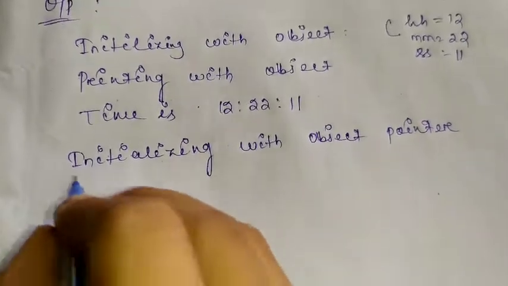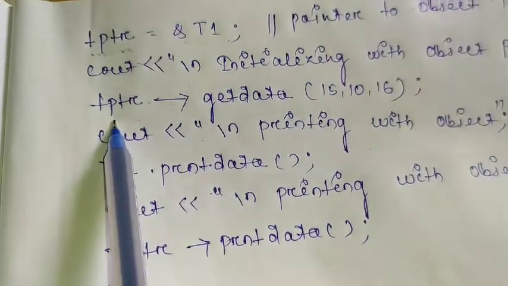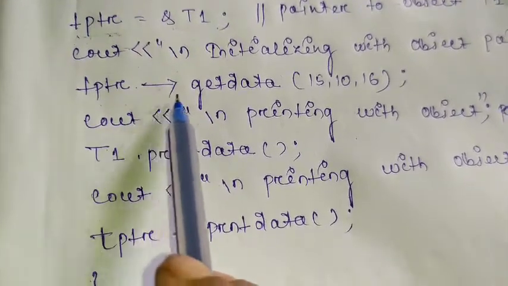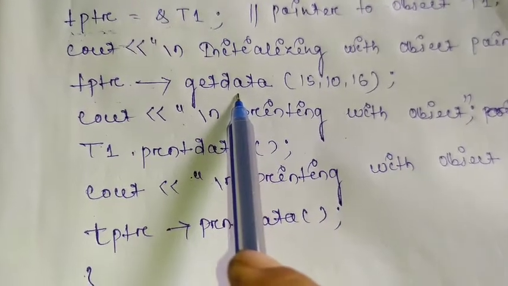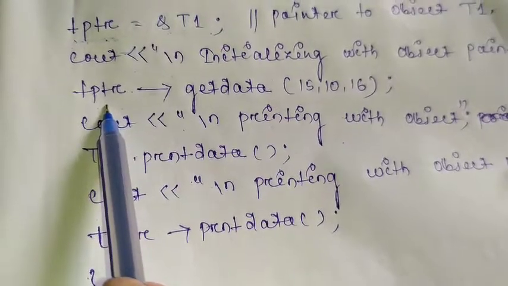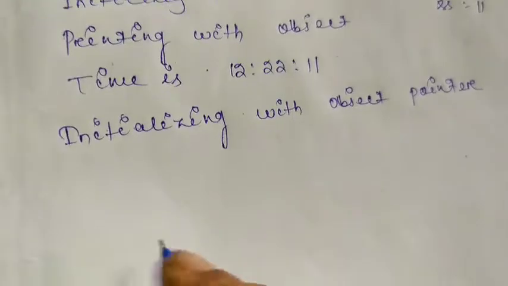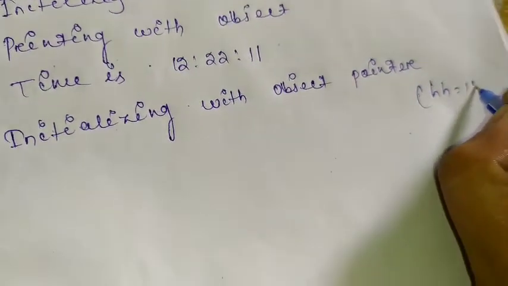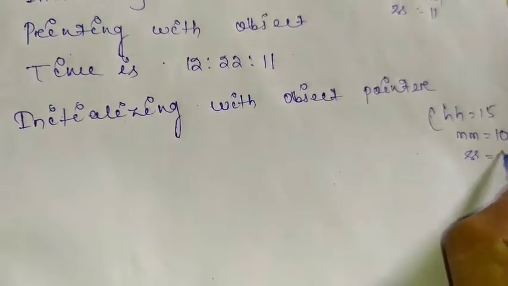As I have already told you, this is the syntax of calling any data member of a class. Get data is a member of class Time. So how will it be called? Through the object pointer, through this arrow operator. When we call it, it will be initialized. That means hour is 15, minute is initialized to 10, and second is initialized to 16.